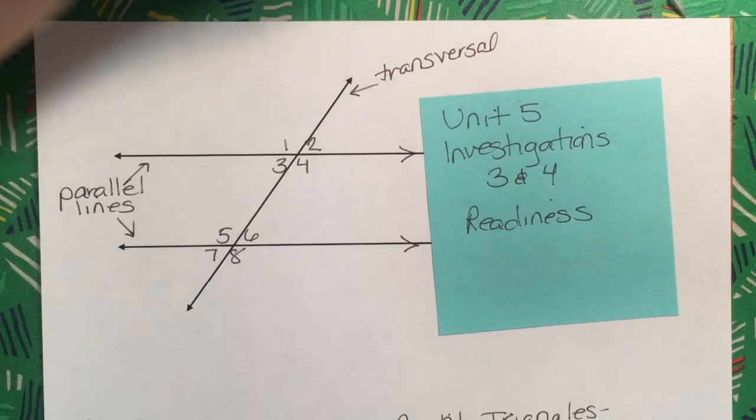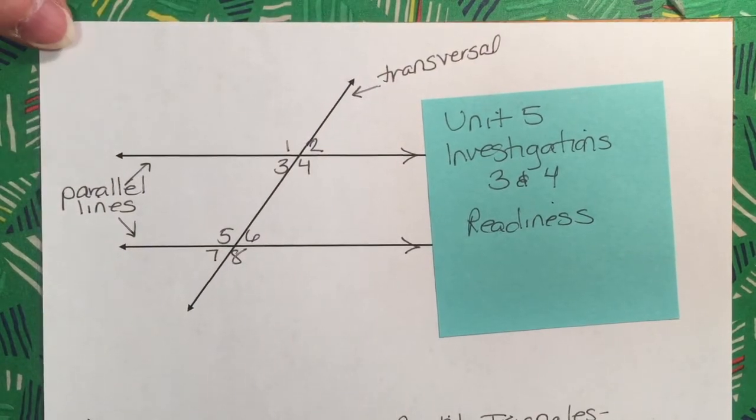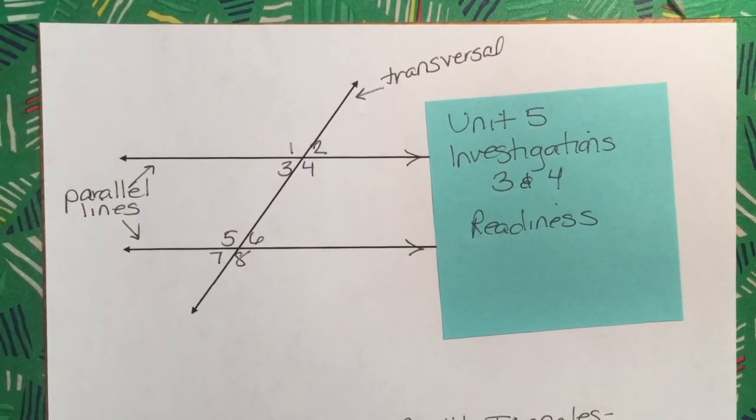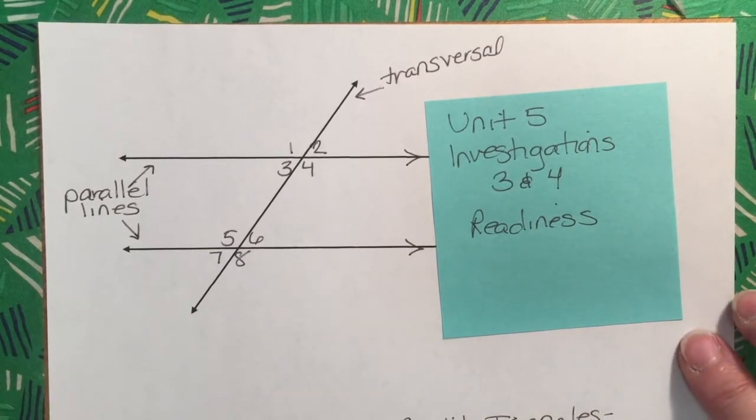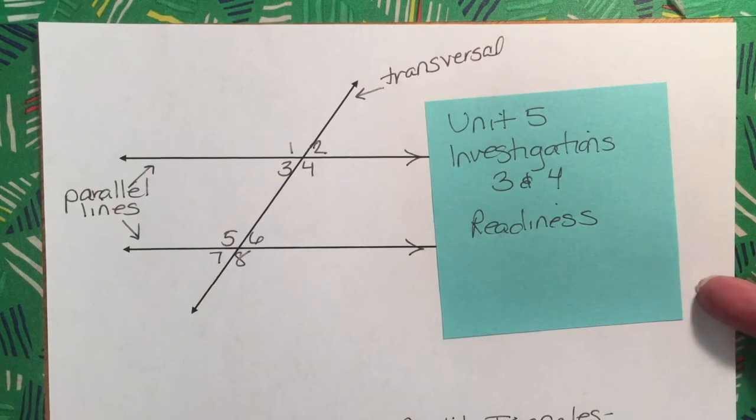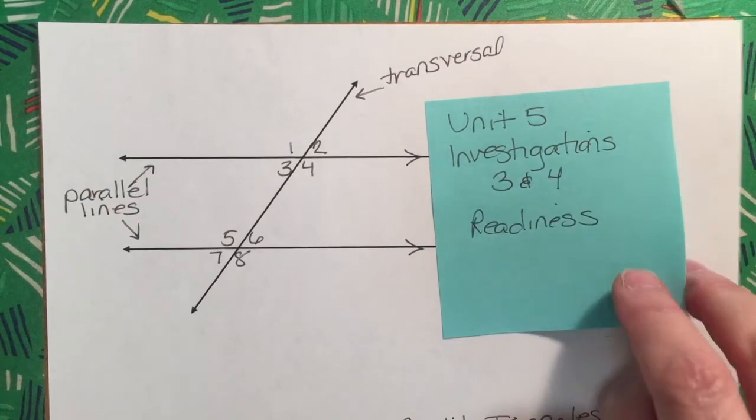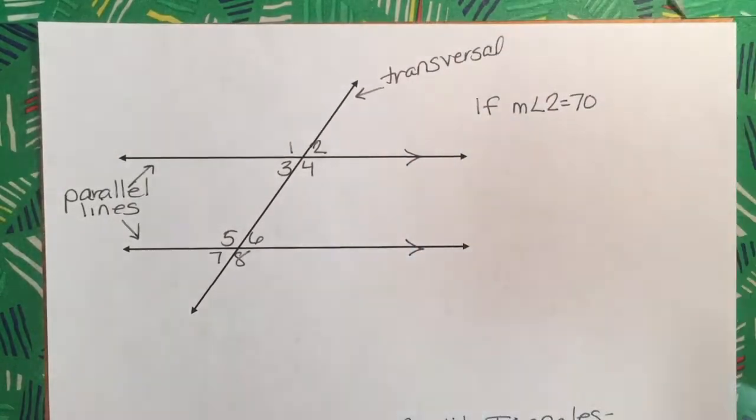So we're still working with circles, but we're going to need to use what we've learned about angles and triangles. So this is a readiness lesson to get us prepared for investigations 3 and 4.